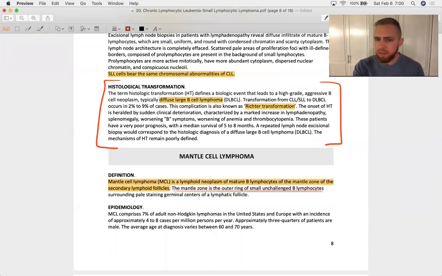Okay, Richter transformation. So what happens in this Richter transformation is the relatively asymptomatic patient all of a sudden develops this widespread non-tender lymphadenopathy, out of nowhere, like an RKO. Splenomegaly, B symptoms, the anemia and the thrombocytopenia go very downhill.